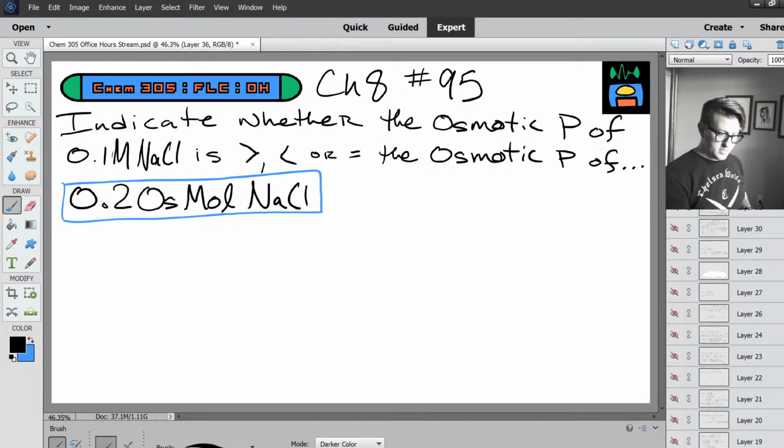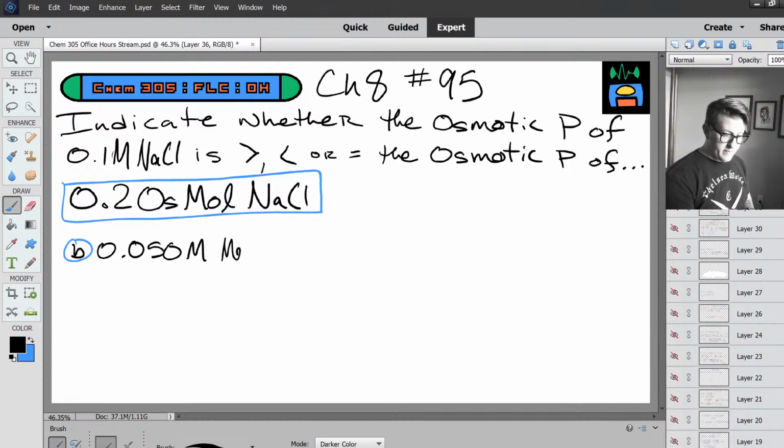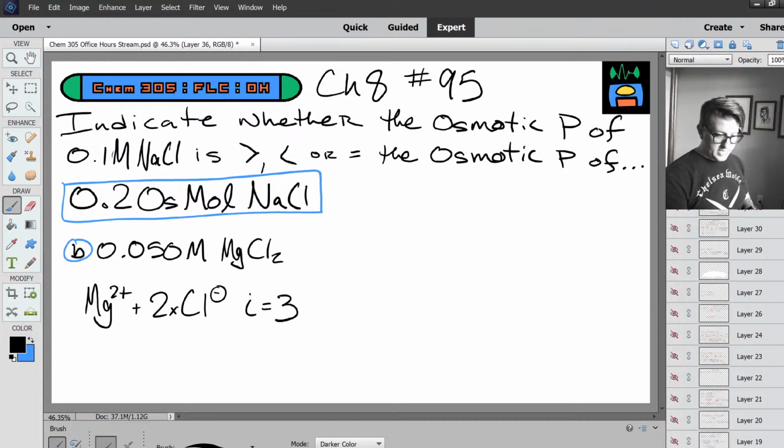Let's do part B. Part B is 0.050 molar magnesium chloride. Here we have 1 magnesium ion plus 2 chloride anions, so our value for i here is 3.